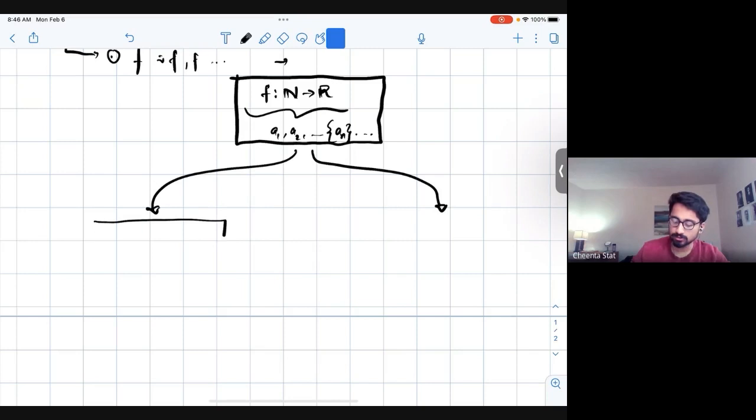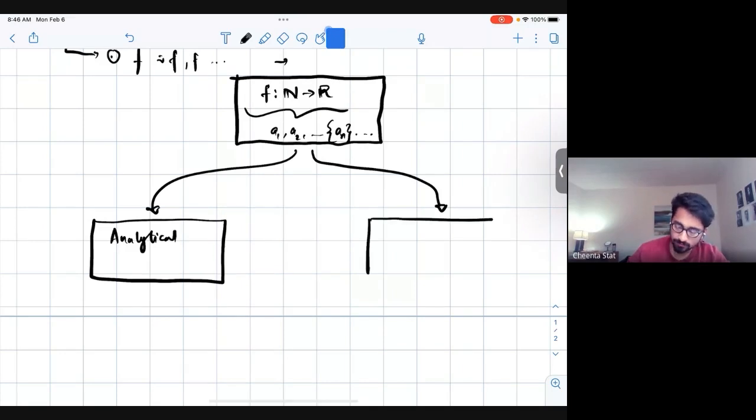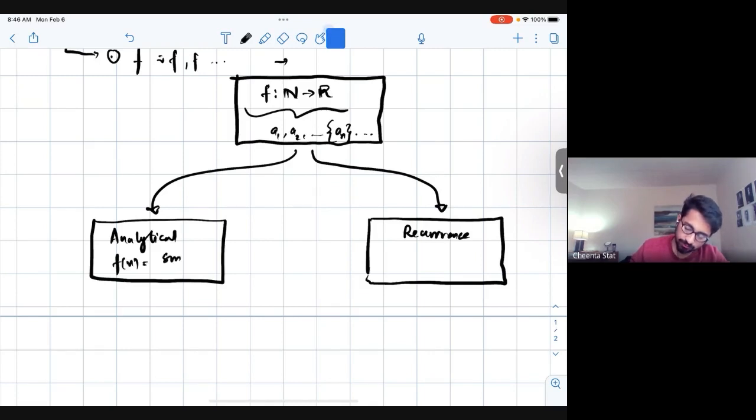One is the analytical way, another is the way of recurrence relation. For example, f of n is equal to sine of n by n, and here f of n is equal to half times f of n minus 1 plus half times f of n minus 2.